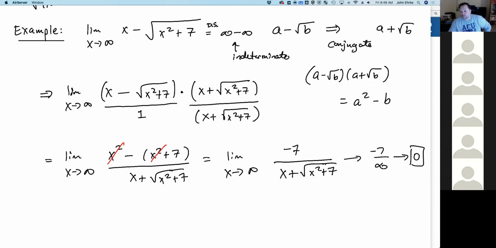Yeah, I'm just a little confused at how we got negative 7 over infinity from negative 7 over x plus square root of x squared plus 7. Yeah, sure. What I'm essentially doing, when you evaluate the limit, I'm directly substituting here. If x goes to infinity, all of these x terms in the denominator are going to become infinitely large.